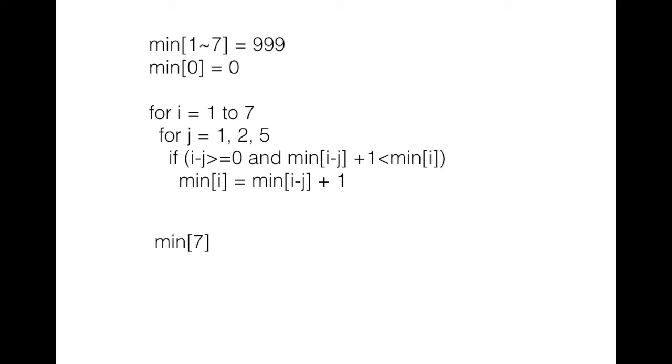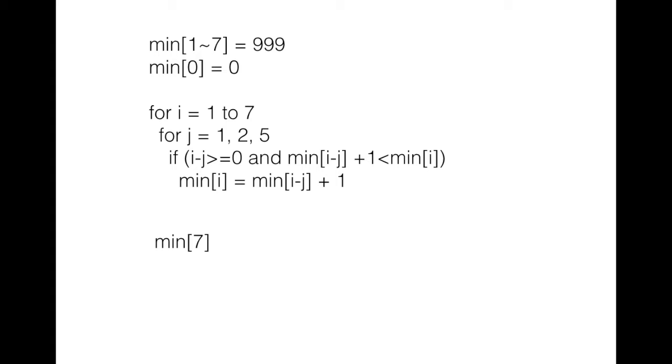We try to solve the sub-questions from 1 to 7, and for each sub-question, we do the 3 tries. You know what I mean? We try 1, 2, or 5 pounds. For each choice, you think of it as the final step. That's say 1 cash note or 1 coin, right?